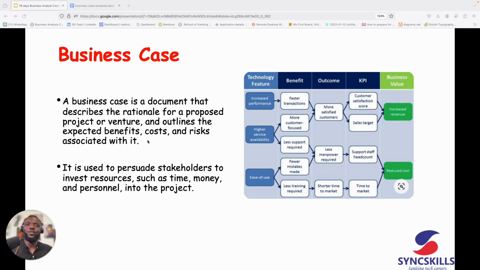You want to justify why a project should be implemented over another project, because in a business environment there is a lot of competition, even in the project context. There are a lot of projects that money or budget can be spent on.